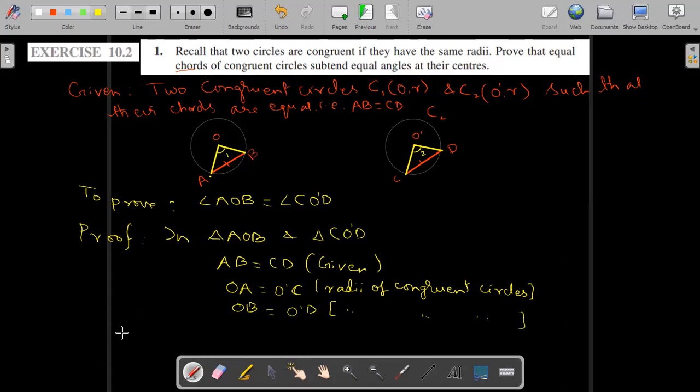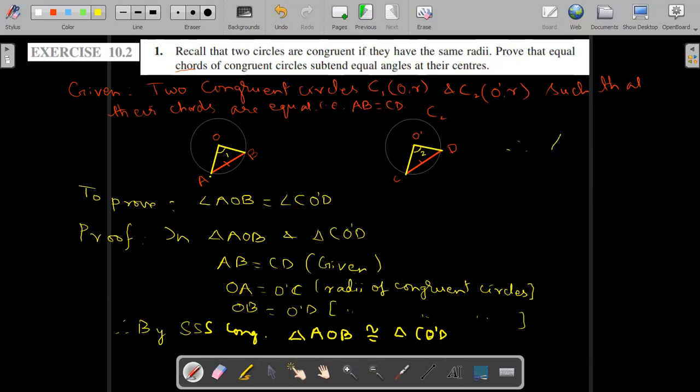So therefore, by SSS congruency, triangle AOB is congruent to triangle CO dash D. When they are congruent, that means by CPCT all corresponding parts are equal, angles are equal.